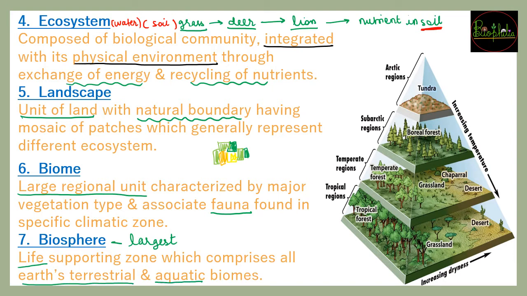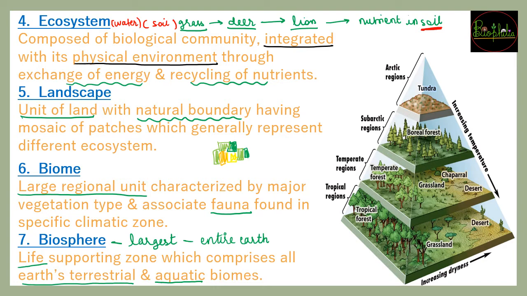So that can be a water area or a land area, everything यानी entire earth is going to be considered nothing but a biosphere. So now you can understand and you can write down the definitions that would help you to understand different types of terms that are used in ecology.